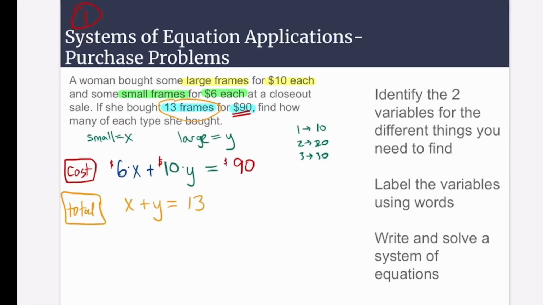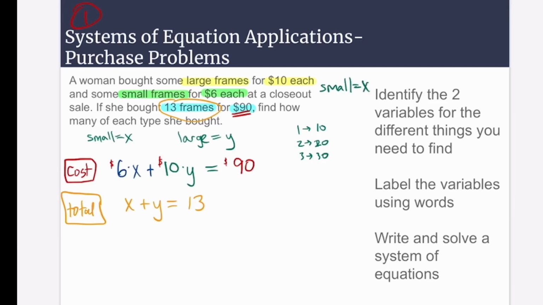Okay, let's go to the first one, the original, with our small and our large frames. So we have our two equations. We can solve this in either way. Because we're doing all these different methods, I'm actually going to do it as elimination, just to change things up.